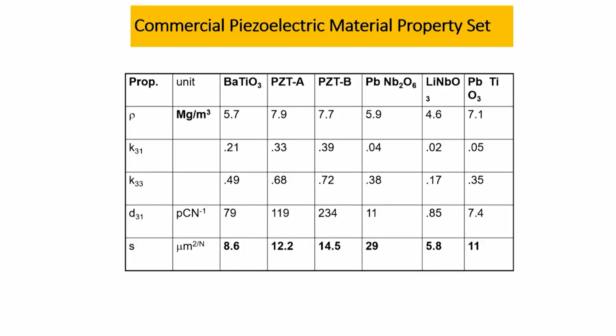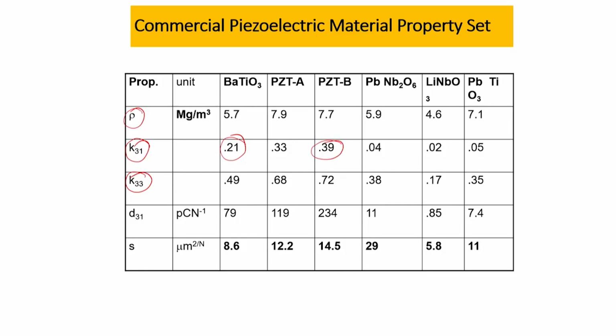You can see here that we have given different properties: density, K31, K33. Now, this 31 and 33 signifies that 3 is the direction of application and 1 is the direction of sensing. So, you can see barium titanate has a low coefficient of coupling whereas lead zirconate titanate has a better coupling.